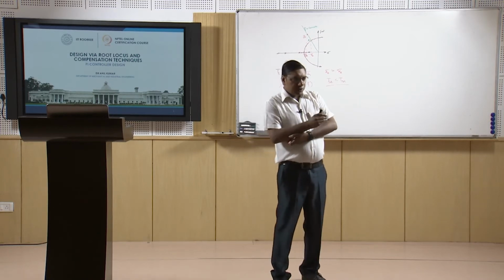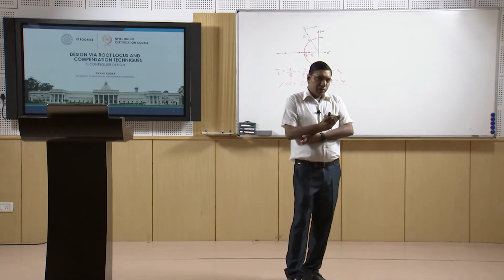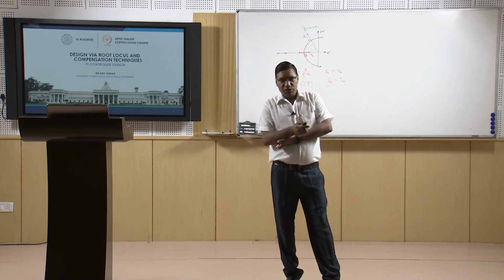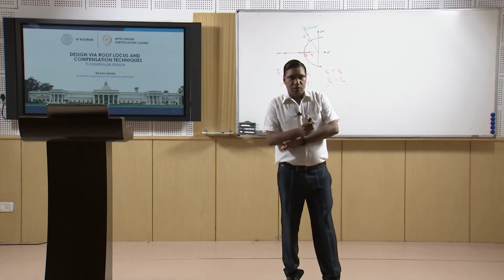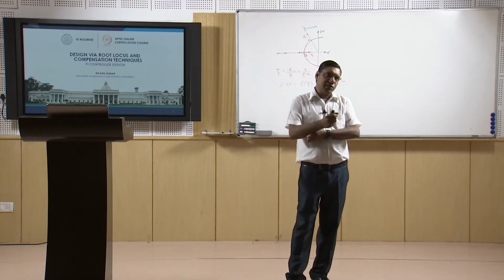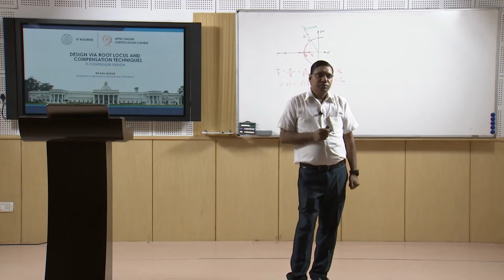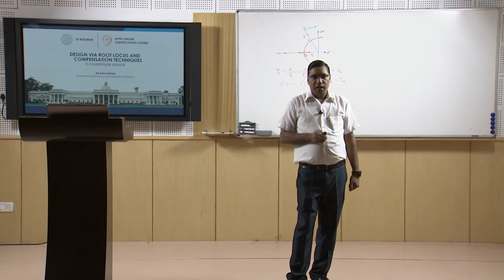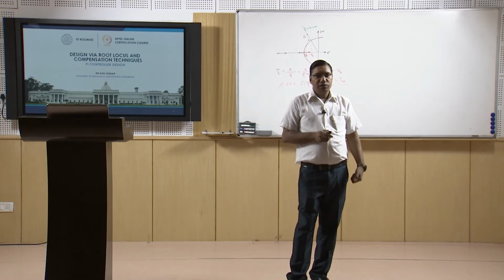So, this process is called compensation or augmentation, and we will use the root locus method to discuss the compensation techniques, how we can compensate a system, how we can augment an existing system, so that it will give the required transient response and required steady state response.